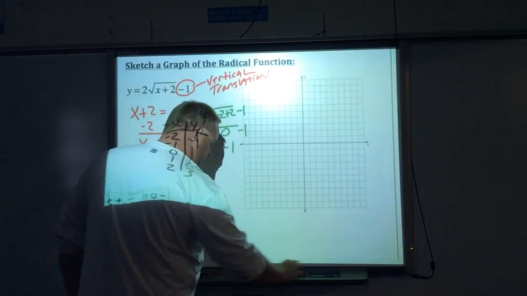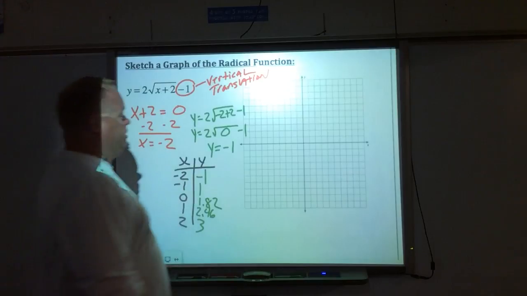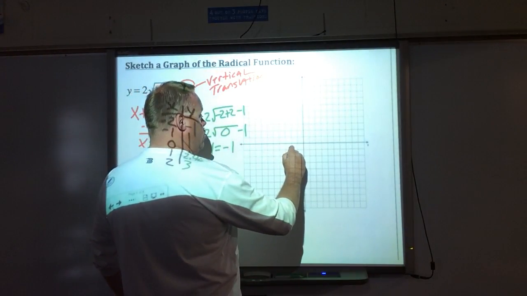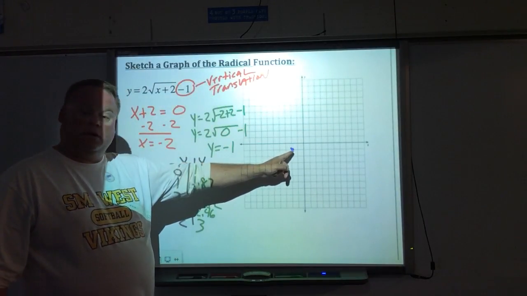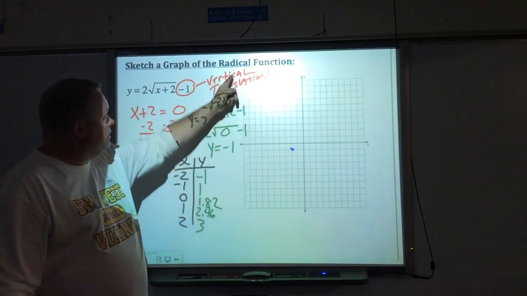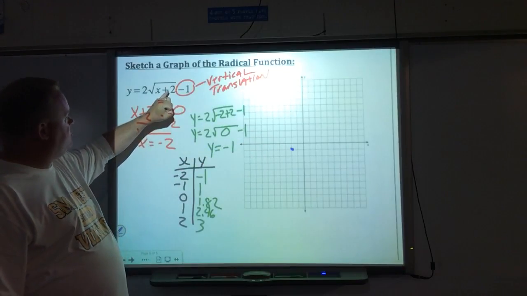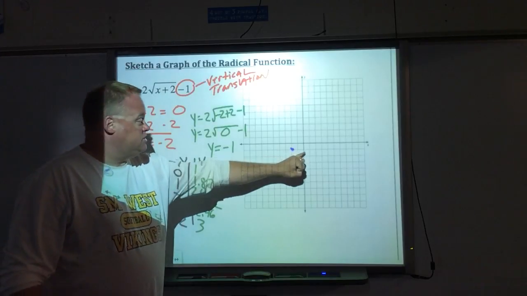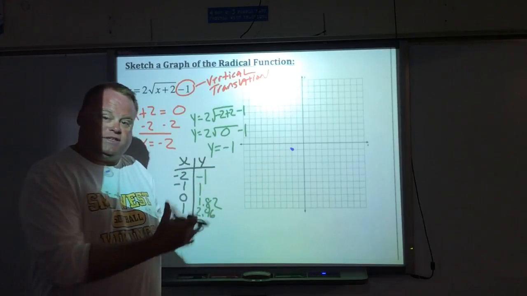So now, from here, graph it. My starting point is negative 2, negative 1. I'd already known that my vertical translation was going to be negative 1, so there it is. I proved it. Notice that we started with positive 2 underneath, and we got to negative 2. It is slid over 2 to the left-hand side, so that is still accurate.